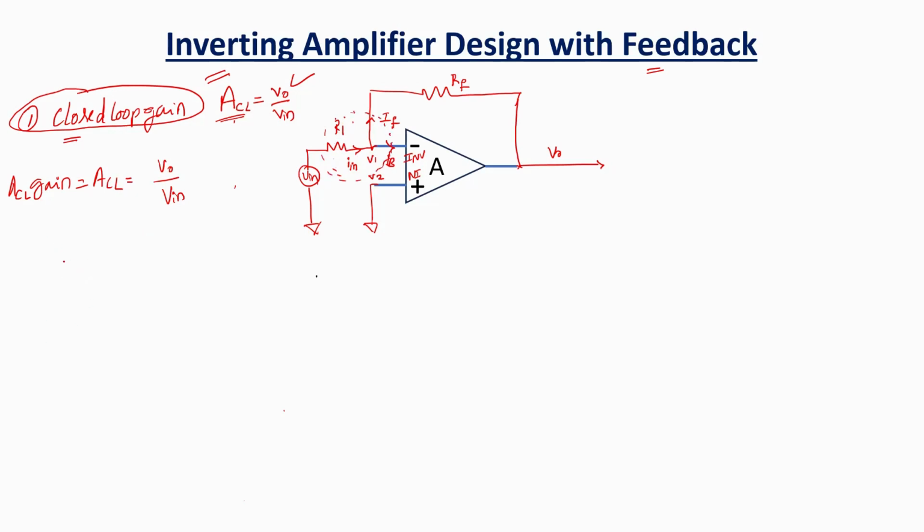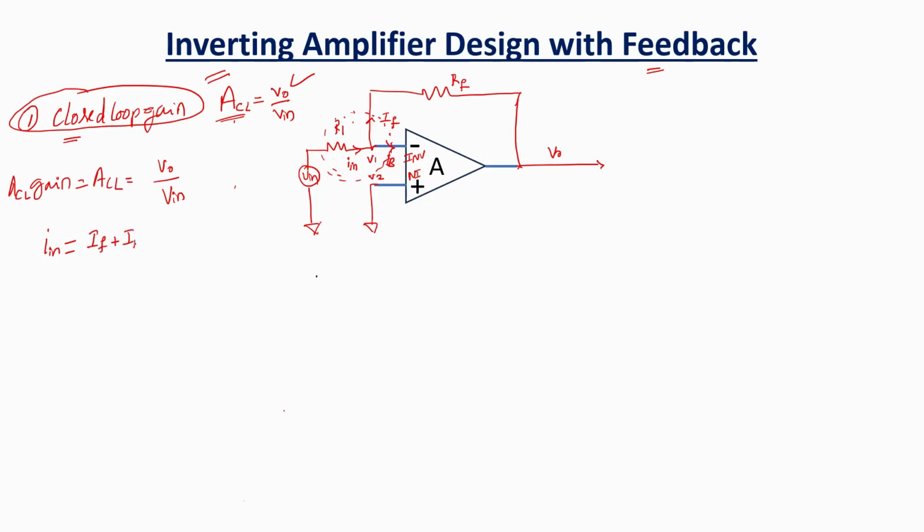What does Kirchhoff current law say? The incoming current is equal to the outgoing current in a network. It is balanced. Incoming means which are the incoming? It is only one incoming, I in, and IF and IB are outgoing.